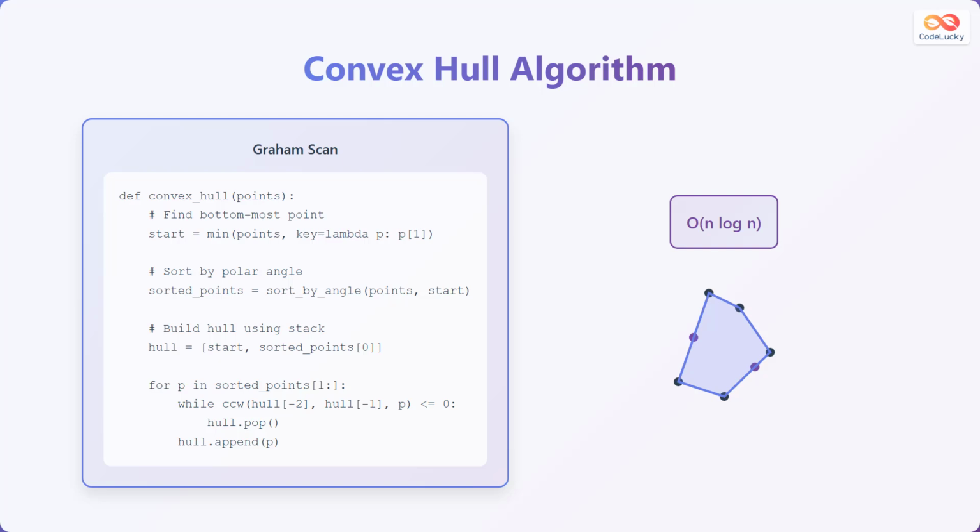For each point in the sorted list, the algorithm checks if the point creates a counterclockwise turn with the last 2 points on the hull. If not, the last point is removed from the hull, and this process is repeated until a counterclockwise turn is achieved. The point is then added to the hull. This process ensures that the resulting hull is convex. The visual section illustrates a convex hull formed around a set of points, with the complexity noted as O(n log n).